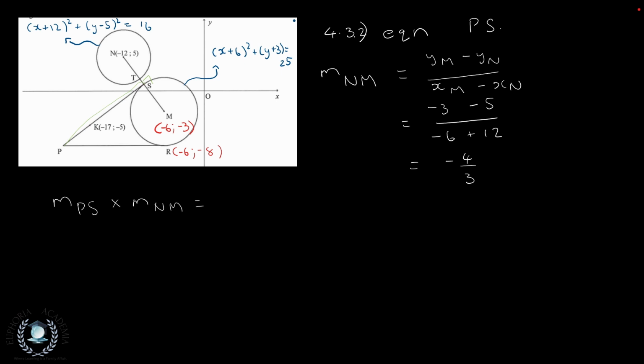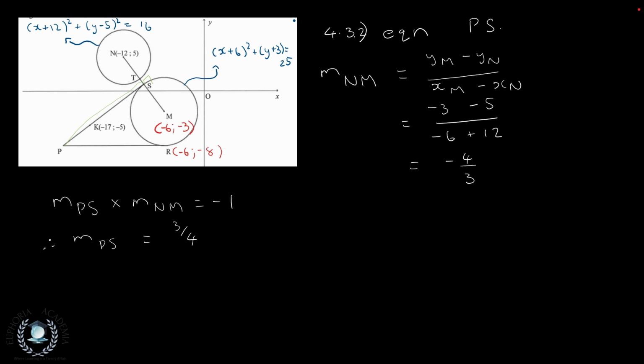It's going to be equal to negative 1. Therefore, the gradient of PS is going to be 3 over 4. Now we're looking for the equation of PS.